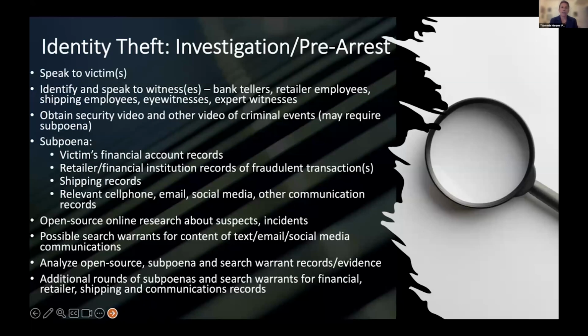But again, we're talking about heavy records evidence to prove these cases. And it may be rounds of this evidence as well as all the analysis and search warrant work and all of that. But assuming that work for the moment leads to evidence of a provable crime, next slide, please.